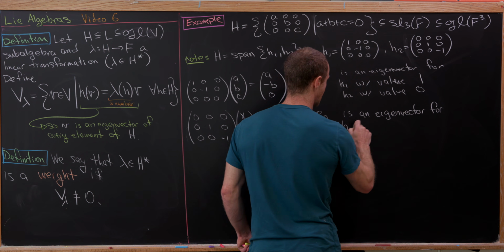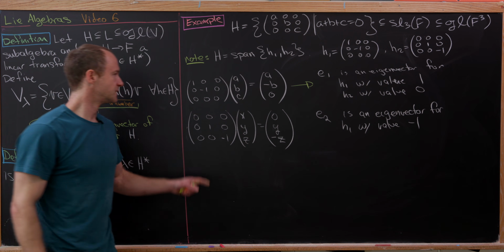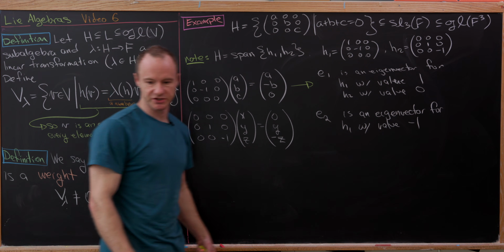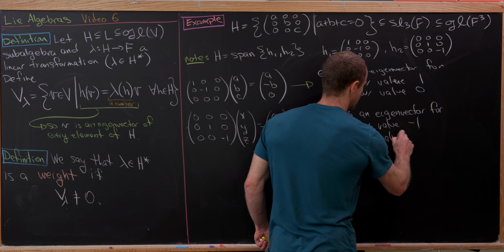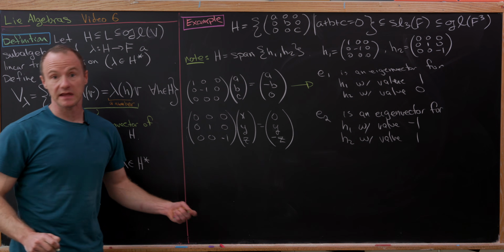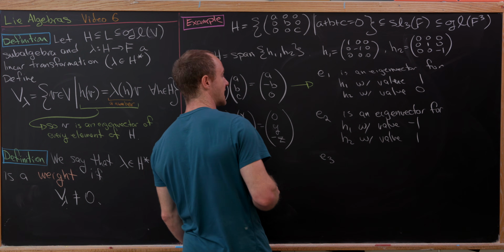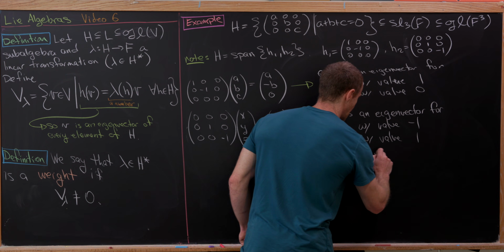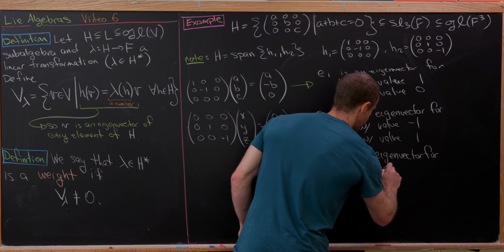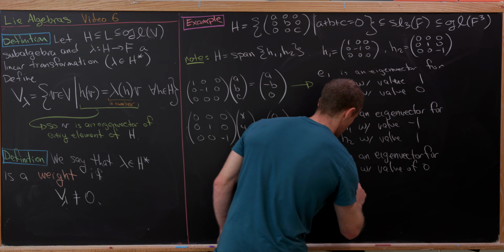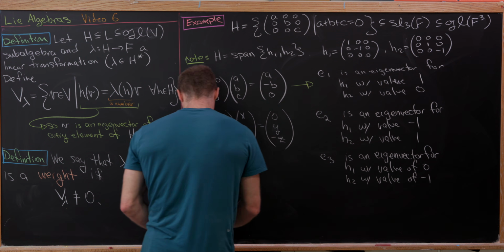It's an eigenvector for H1 with a value of negative 1, which is pretty clear by direct calculation. And it's an eigenvector for H2 with a value of positive 1, again just by direct calculation. And then E3 is also an eigenvector for both. So this is an eigenvector for H1 with value 0 and H2 with eigenvalue of negative 1.